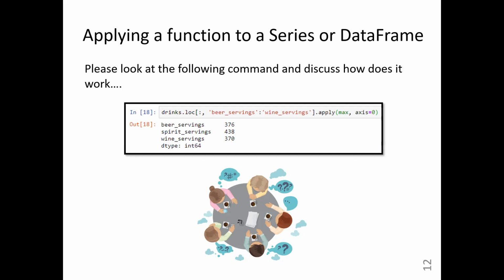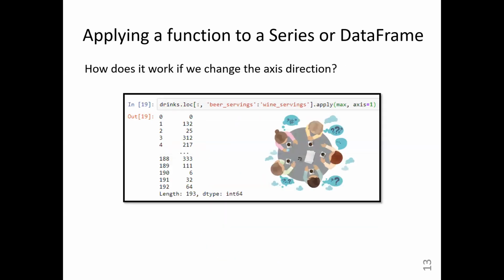And please try this one. And now this is easy. When you want to see the maximum number in a row, it's like folding all the numbers and just having one new column. So that's why you say axis equal to 1. Please try this too.